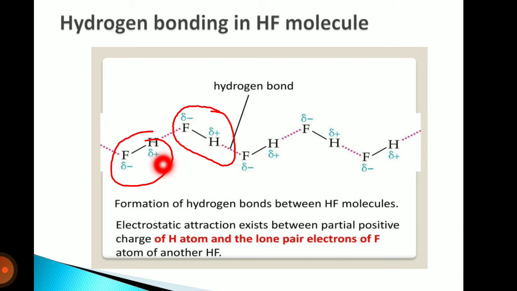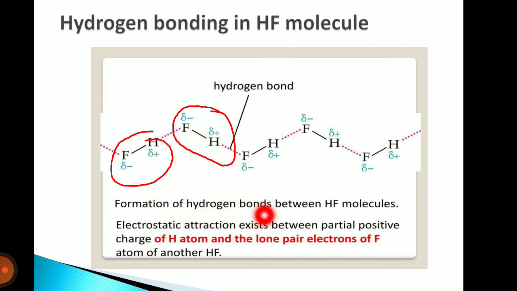Then there exists a weak force of electrostatic attraction between the fractional positively charged hydrogen atom of one HF molecule and the fractional negatively charged electronegative atom of another HF molecule. So this hydrogen atom of one molecule and this fluorine atom of another molecule are bonded together by a hydrogen bond, which is a weak force of electrostatic attraction.